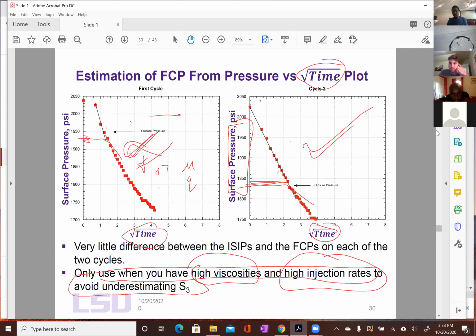I think this one is questionable still, because remember, if you don't see this, what does it mean? It means the last thing you saw, you're hoping you saw the fracture breakdown pressure, right? That's what you're assuming. You saw the breakdown pressure, and like we discussed, after that peak, what's happening here?